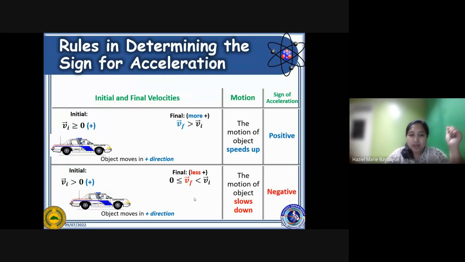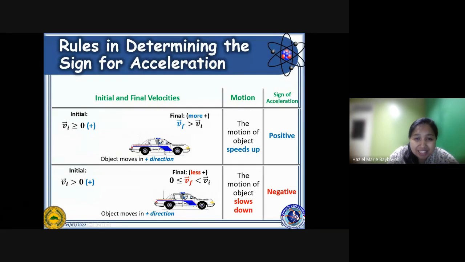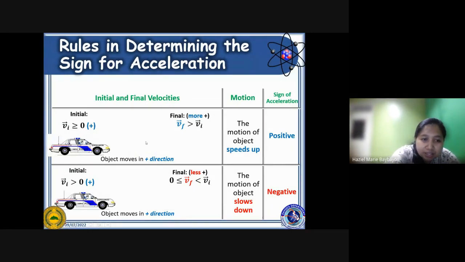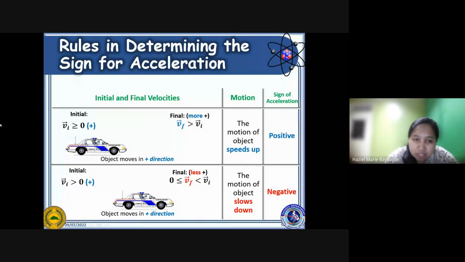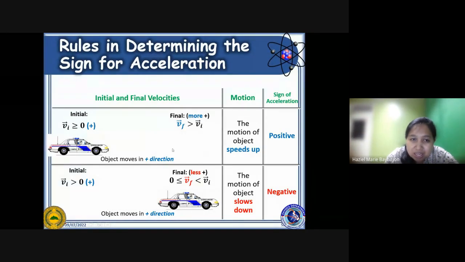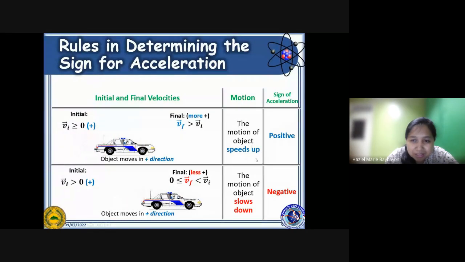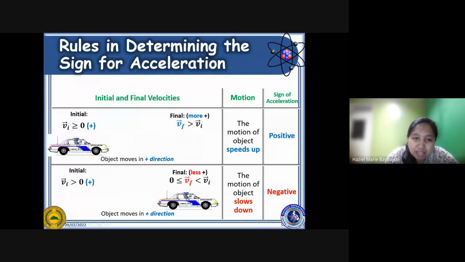So we have here two police cars. Ang isa, nagsugod siya nga hinay, tapos nagkapaspas siya. Meaning to say, it is speeding up. And then, it is going to the right.